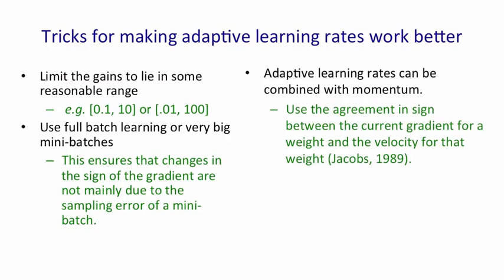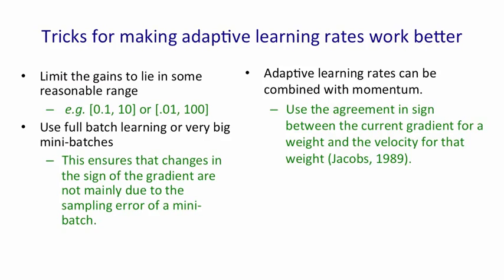There's nothing to prevent you combining adaptive learning rates with momentum. So Jacobs suggests that instead of using the agreement in sign between the current gradient and the previous gradient, use the agreement in sign between the current gradient and the velocity for that weight, so the accumulated gradient.